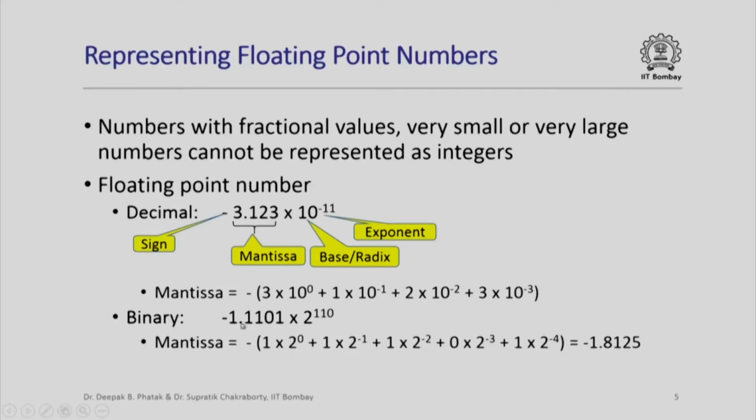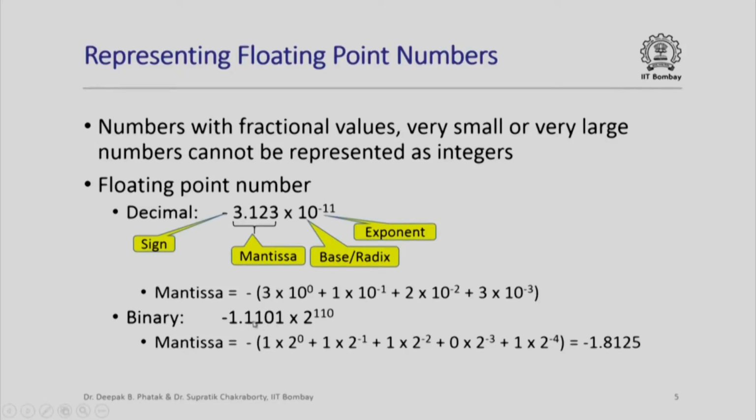This one just to the left of this radix point, this is the binary radix point, this corresponds to, in an integer, the least significant bit. So here also we will multiply it by 2 raised to 0, just like the least significant bit of an integer was multiplied by 2 raised to 0.